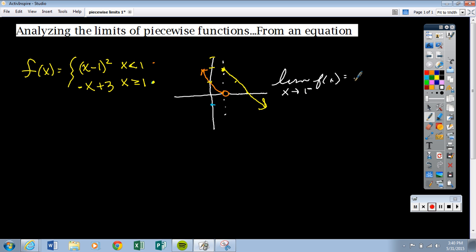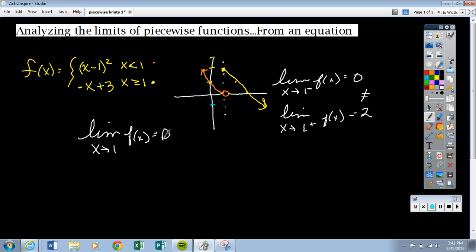So from the left, it's 0. But whenever I'm approaching 1 from the right, it looks like it's up here at 2. And these do not match. And since they are not equal, then the limit also does not exist. The overall limit as x approaches 1 will not exist.